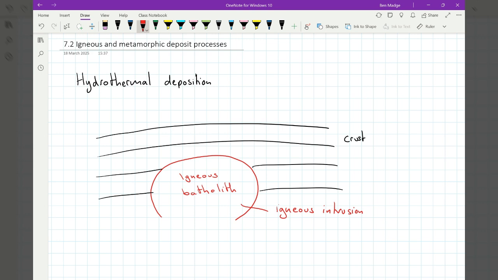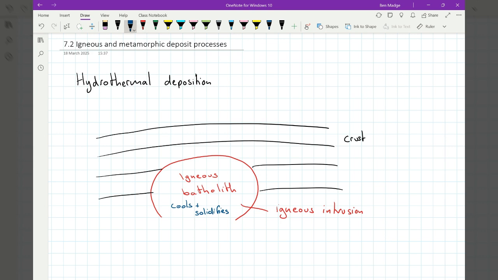So it's started off as liquid rock from the mantle, worked its way up, pushed its way up through the crust, and then stops and starts to cool down. Okay, and as it cools and solidifies, it heats the surrounding area.